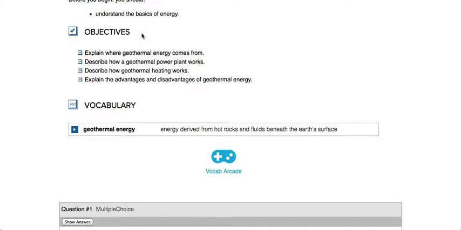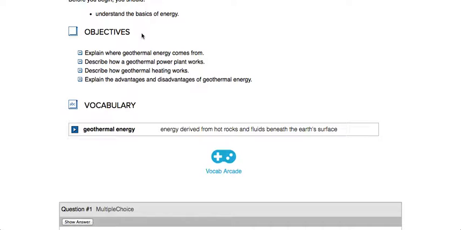There are about 8 to 10 other states now that have suitable geologic features, more in the western part of the country, that can sustain geothermal energy plants. The United States Department of Energy figures about 6 million Americans can get their electricity from geothermal, which is really fantastic.